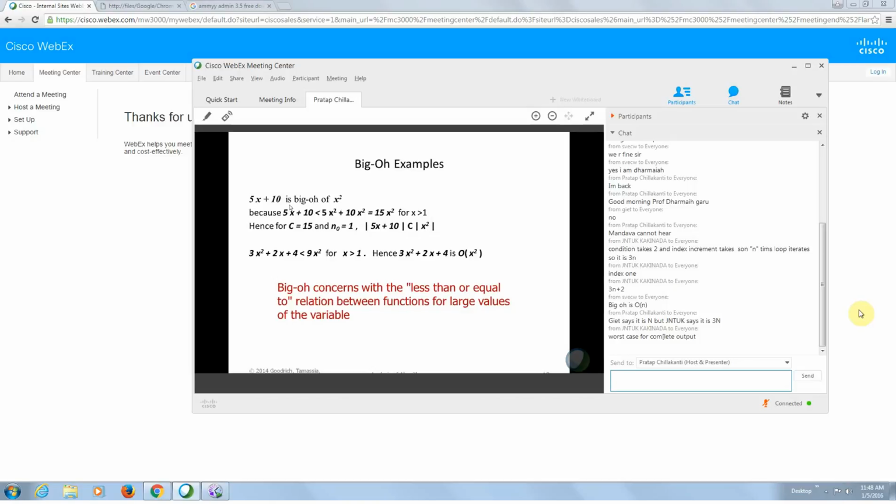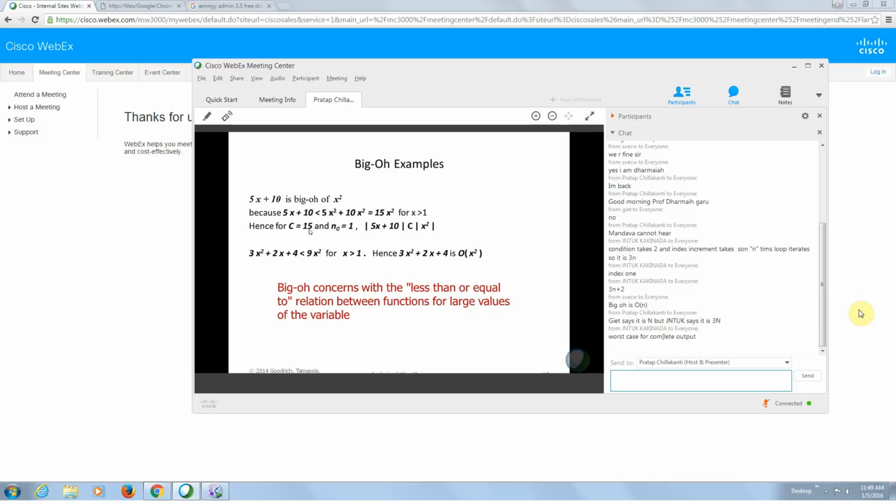Here is an example. Take 5x plus 10. I'm saying this is the f function, and x squared is the g function. Now, 5x plus 10 is less than 5x squared plus 10x squared. What did we do here? We basically multiplied the x's, which is equal to 15x squared for x greater than 1.